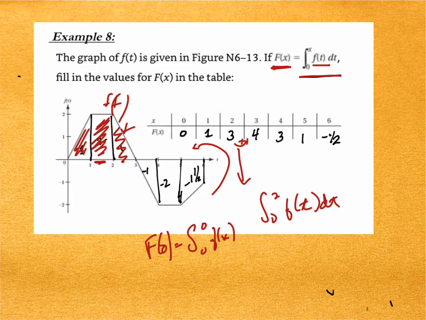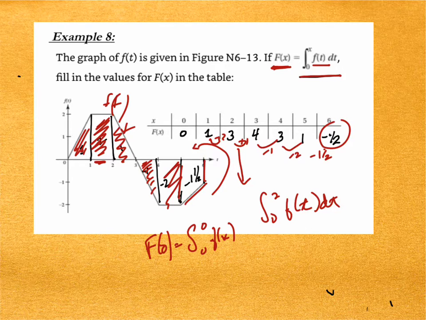So let's see what I'm doing each time. This was plus 2. And now you have to remember to go negative when you go from 3 to 4. So you went down 1, so it was minus 1. And then from 4 to 5, you take away 2 more. And then this little trapezoid is 1.5. So you take away 1.5, and you're left with 1/2.